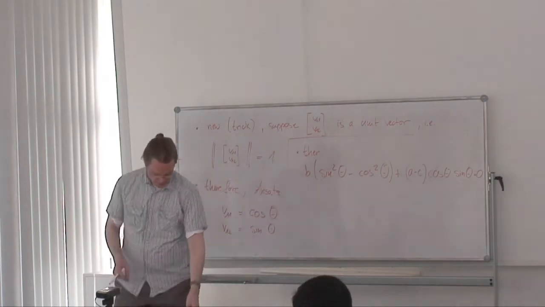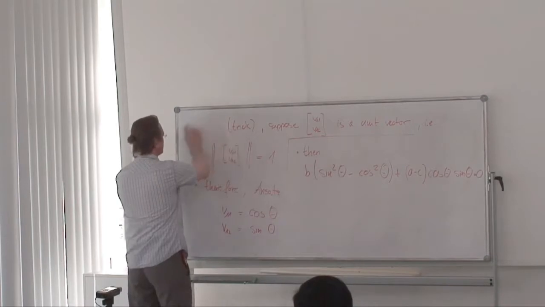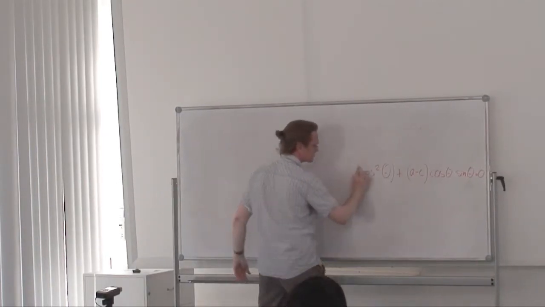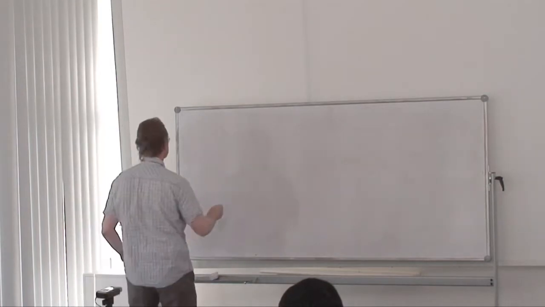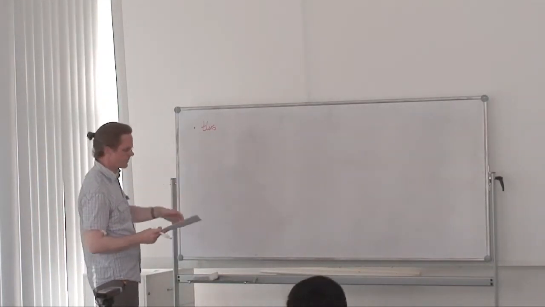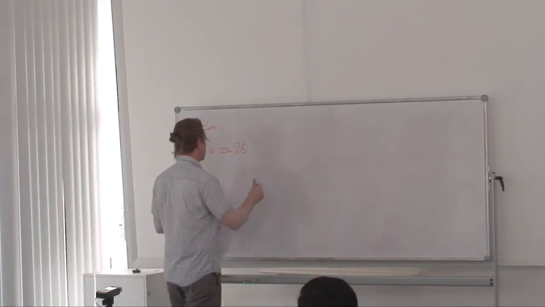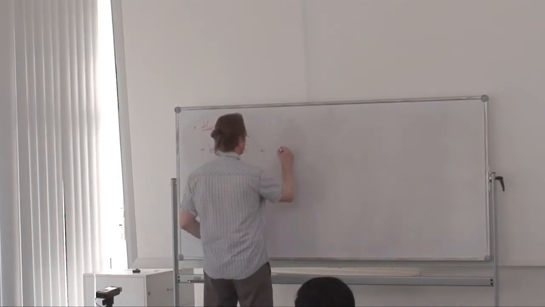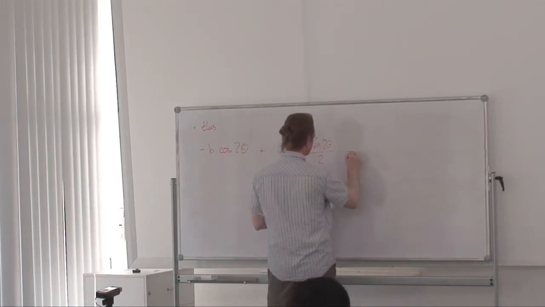Last time we already reminded ourselves of some of the addition theorems for sine and cosine, and using those we can rewrite this with clever rewriting of sine square minus cosine square: minus b cosine 2 theta, we saw that last time, plus a minus c times sine 2 theta divided by 2, supposed to be 0.